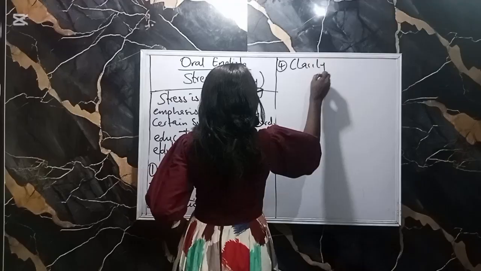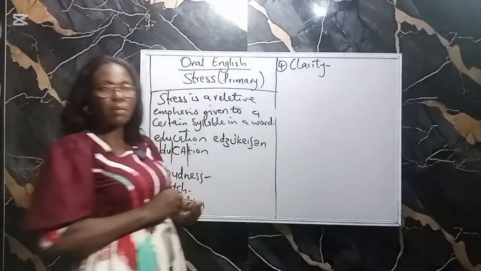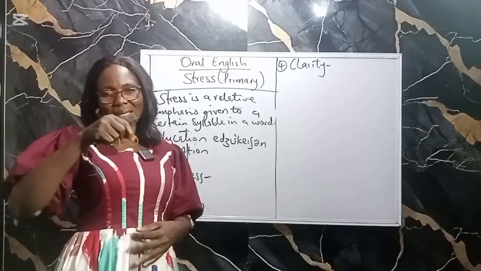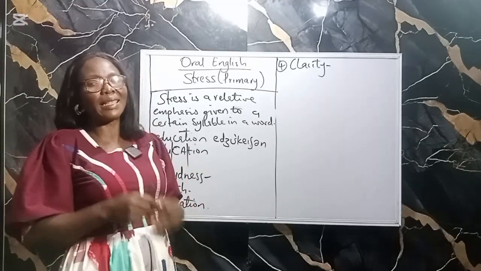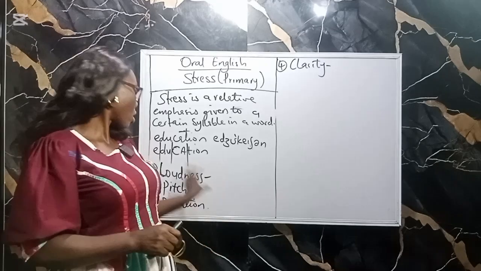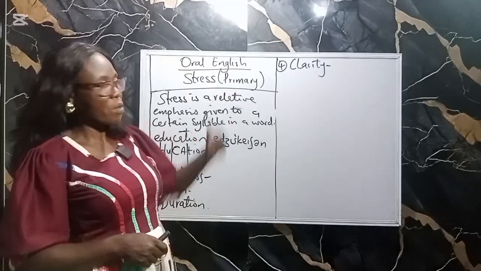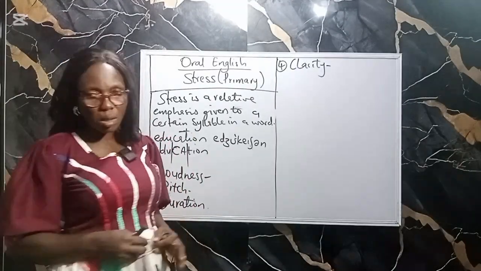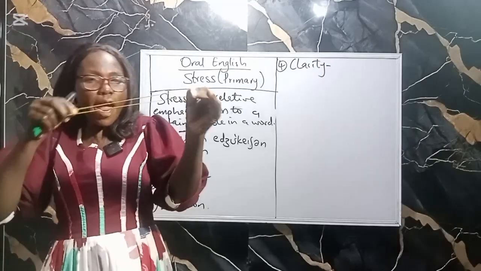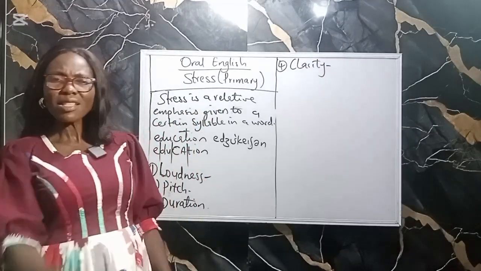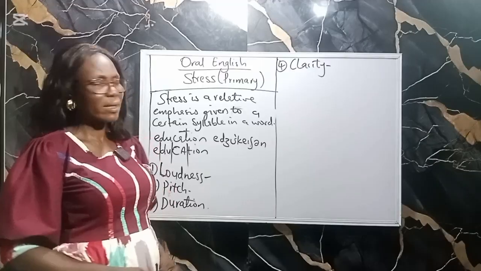What do we mean by that? It means you have to pronounce that particular syllable clearly, more than other ones. That is what we mean by clarity. Once more, education.